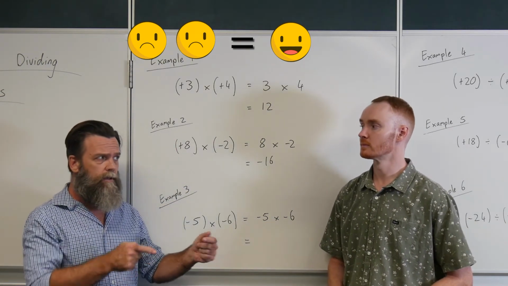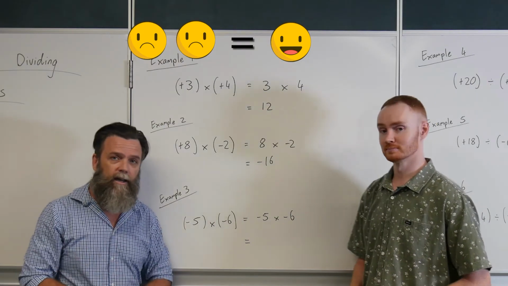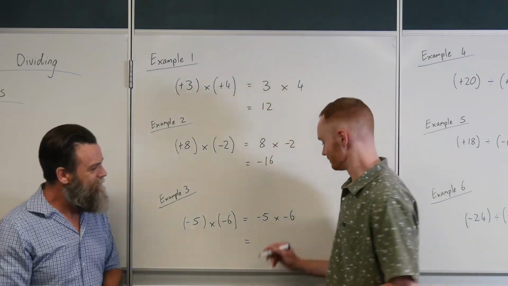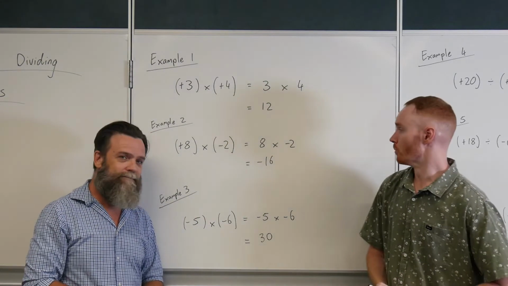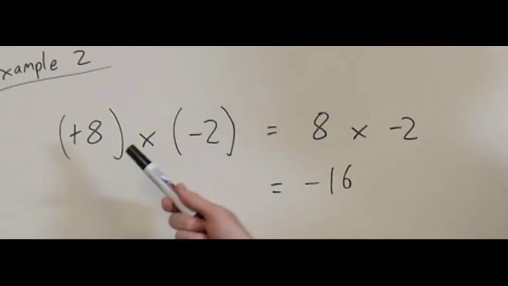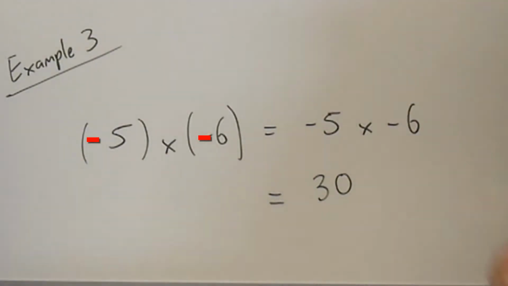Two negatives make a positive. He's right. So we get a final answer of positive 30. So when multiplying integers, if the signs are different, one positive, one negative, we get a negative solution. If they're the same, both negative or both positive, we get a positive solution.